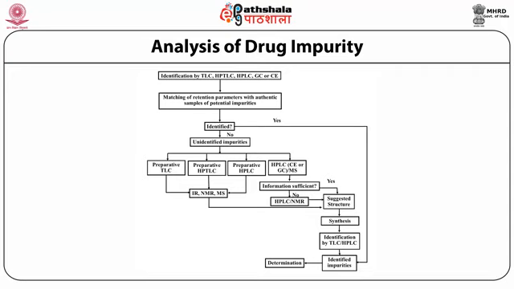And after that we can perform infrared spectroscopy, NMR, MS. And after identification, we can go for the suggested structure, then the synthesis, and again identification by the TLC, and thus we can identify the impurity, and then think how this impurity is going to affect our product, and what is the limit of that impurity in the drug product.